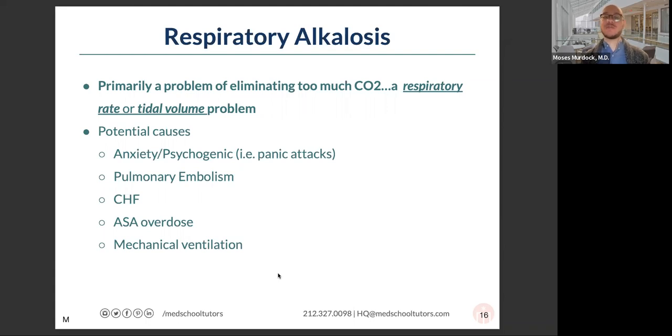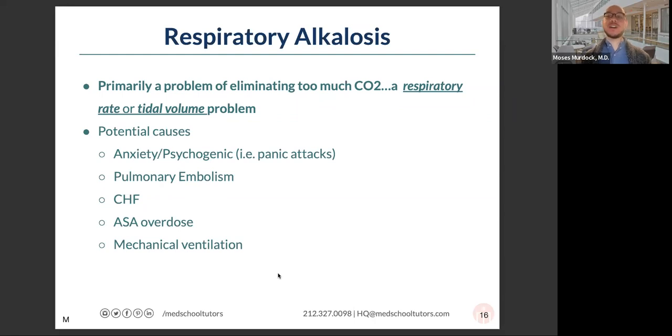Again, a respiratory rate or tidal volume problem. So then you ask yourself, if I'm getting rid of too much CO2, I'm probably breathing too fast or taking too deep of a breath, probably more the former. Why is that? Sometimes it's as simple as an anxiety attack. Folks are anxious, they're breathing really, really fast, they're getting rid of too much CO2. Sometimes it's a problem with the lungs.